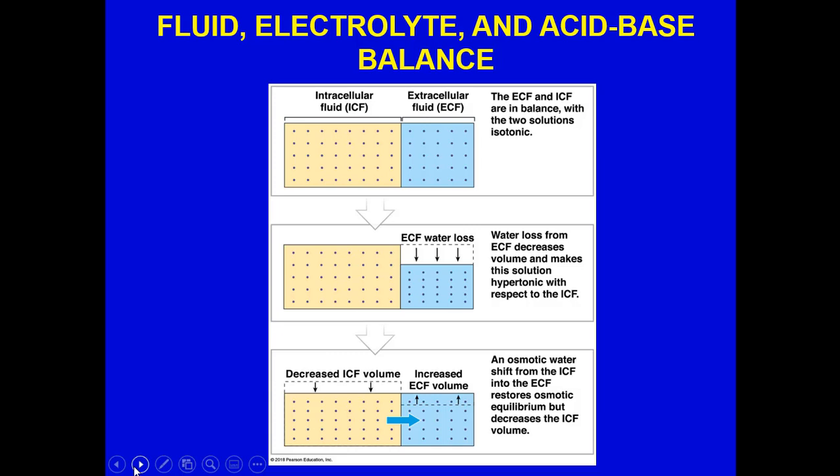If my plasma goes down, if my extracellular fluid goes down, you're going to have a migration of water out from the cells. But when you have that migration occurring, you're going to alter the solute concentration inside the cells, which may eventually, under certain circumstances, without replacement of the water, alter the biochemical makeup of those cells.